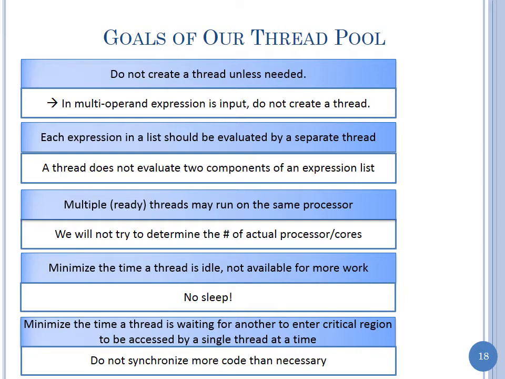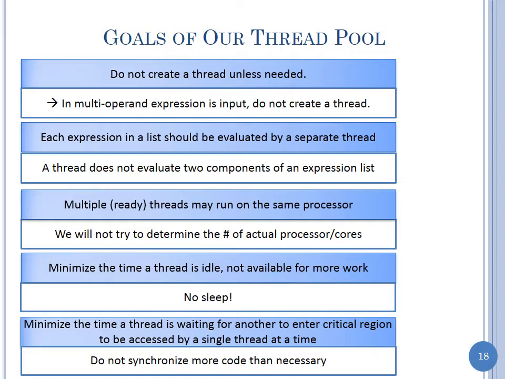But this doesn't mean that these threads will execute concurrently on processors. There isn't an infinite number of processors. We can create arbitrarily large lists that have to be evaluated in parallel, but we can't dynamically create processors on a computer. So the operating system or the underlying language might map multiple threads into one processor, and that we won't worry about.